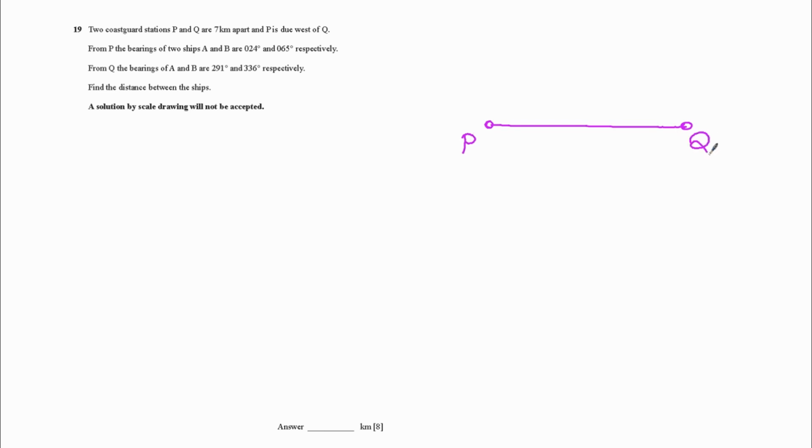From P, the bearings of two ships A and B are 24 and 65 degrees respectively. So if I look at the first one, the bearing of ship A from P is 24. So how can we put this into our drawing?